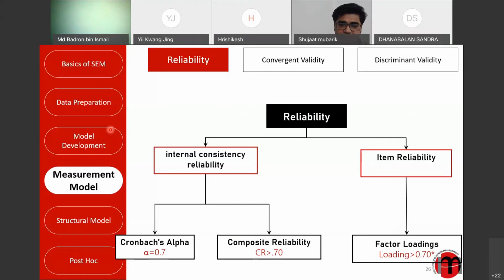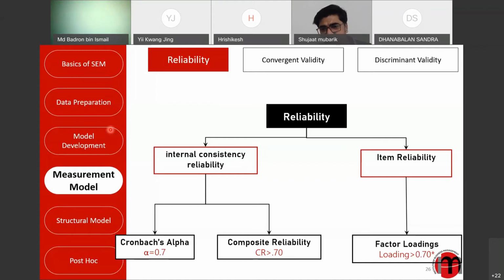I just wanted to inform you that Cronbach's alpha is the lower bound value of the CR. So they are two values of the reliability of the test. Cronbach's alpha is the lower value, and the composite reliability could be the other end, the higher end. Nevertheless, if composite reliability is greater than 0.70, and even if Cronbach's alpha is less than 0.70 but fairly greater than 0.6, it is acceptable.